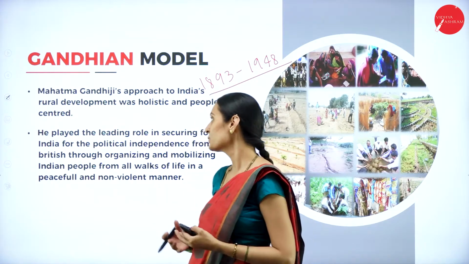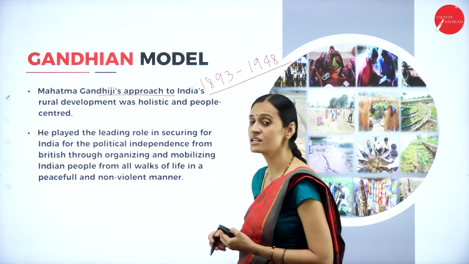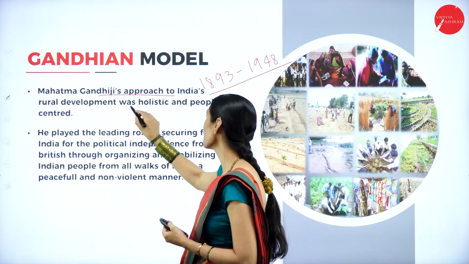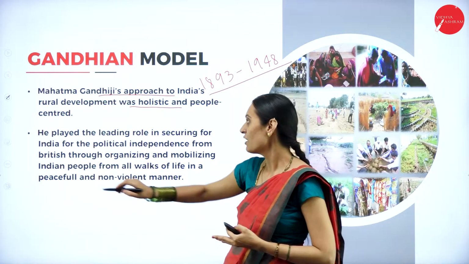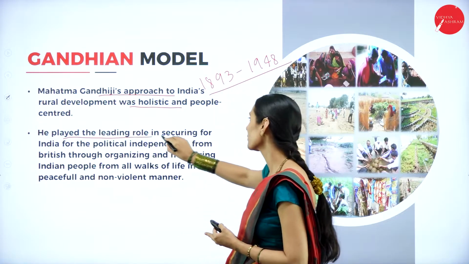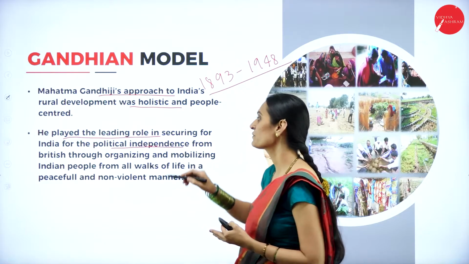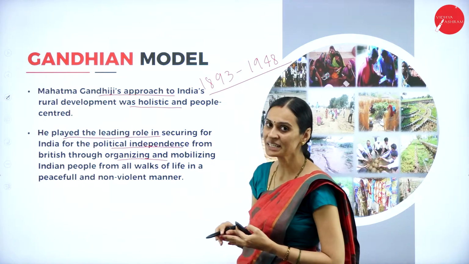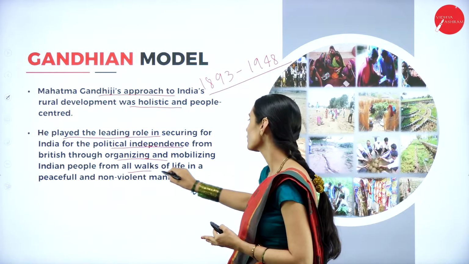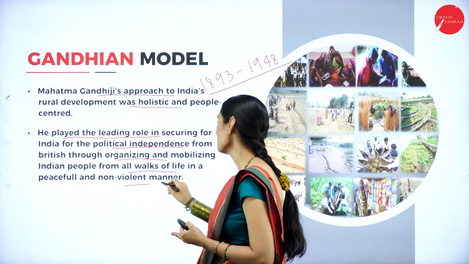Dear students, Mahatma Gandhi's approach to India's rural development was holistic and people-centered. He played the leading role in securing India's political independence from the British by organizing and mobilizing Indian people from all walks of life in a peaceful and non-violent manner.